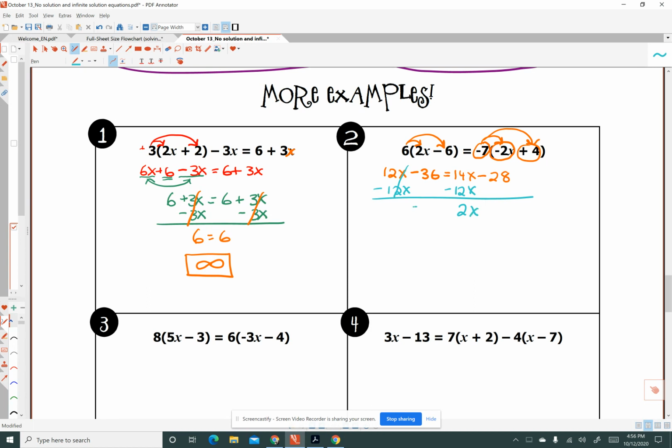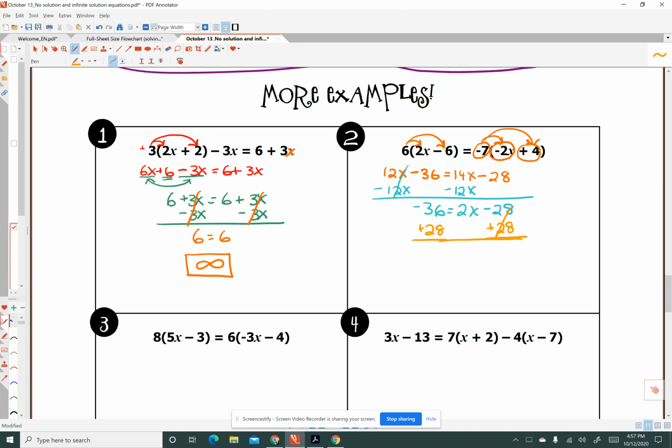On the left side, I have negative 36. On the right side, I have 2x minus 28. Now we'll add 28 to both sides of the equation, so we can have the variables on the right and the constants on the left. Whatever we do to one side of an equation or inequality, we do to the other.